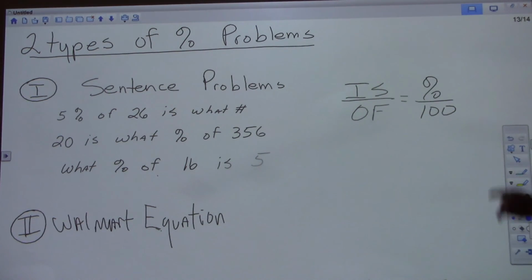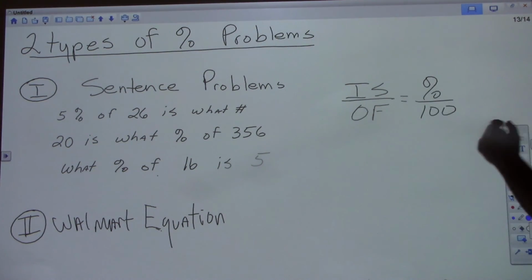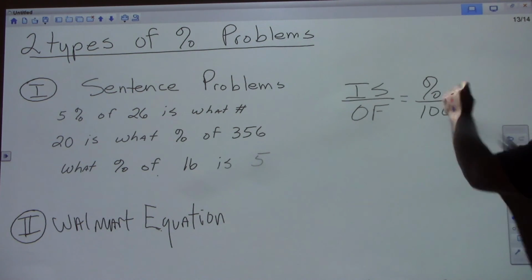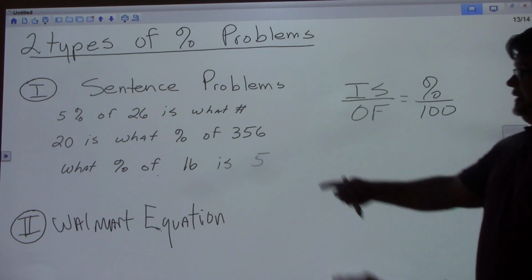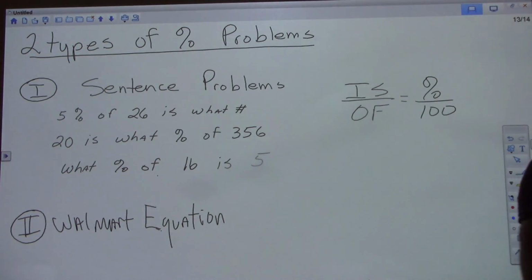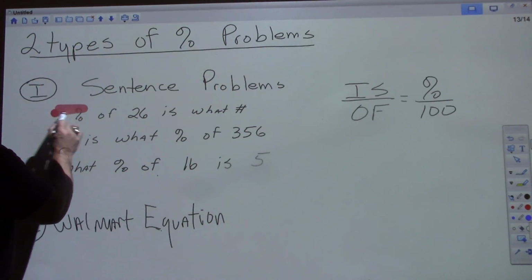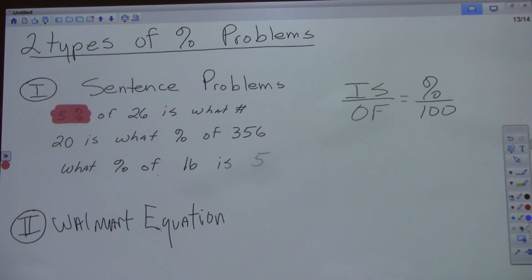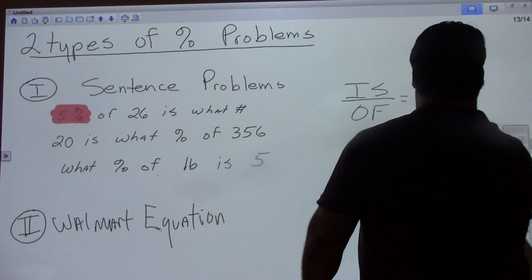How many unknowns do we have in this equation? 3. Is is an unknown. Of is an unknown. And percent is unknown. So 3 unknowns means 3 types of problems. 3 types of sentences. How do you do it? Well, take your handy dandy highlighter. Let's do this first one. 5%. Take another highlighter. That goes there.